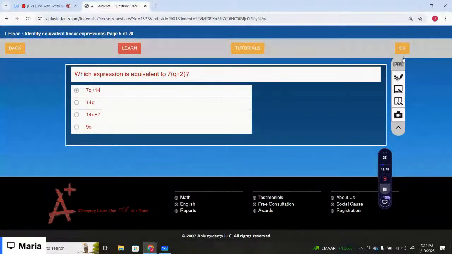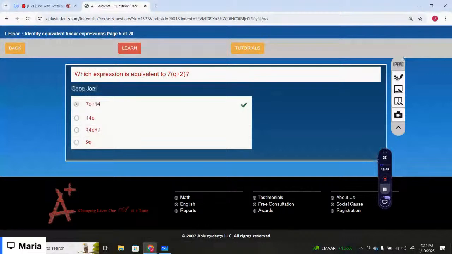The correct option is 7 cubed plus 14. Option number 1 is the correct option.